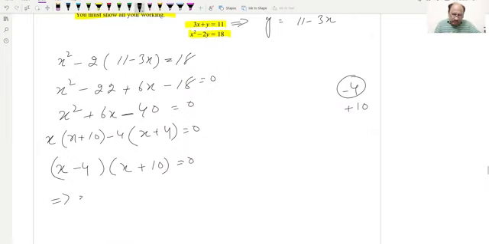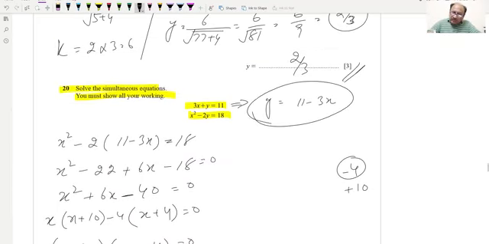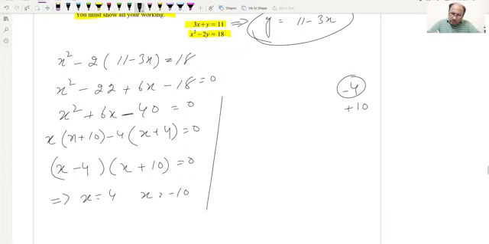So this implies x is equal to 4 and x is equal to minus 10. So these two values we can replace in this equation. So y is equal to 11 minus 3x. At x is equal to 4, y will be equal to 11 minus 3 into 4, which is equal to 11 minus 12, which is minus 1.